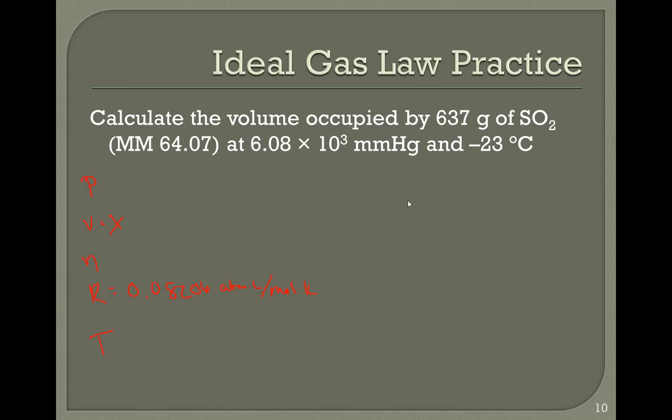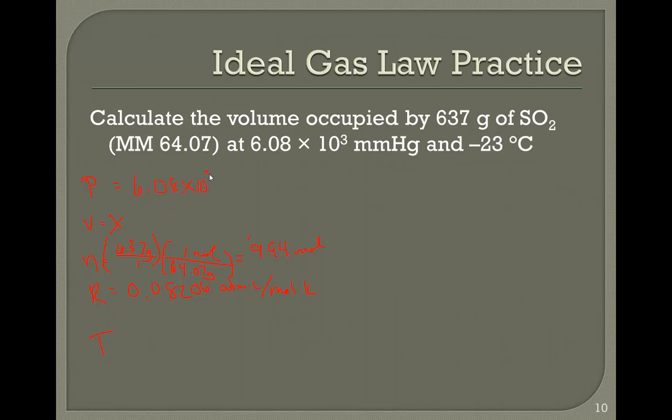We don't have the number of moles, but we can determine the number of moles by using the molar mass. 637 grams, 64.07 grams on the bottom, 1 mole, so it can cancel. And that comes out to be 9.94 moles. At 6.08 times 10 to the third millimeters of mercury, that's our pressure. Put it over 1.